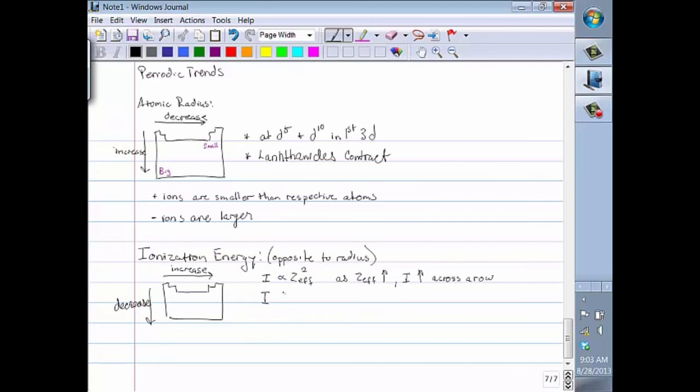This ionization energy is also proportional to 1 over the square of the shell. So as the shell number increases, ionization energy decreases down a column. And ionization energy is also proportional to 1 over the atomic radius. So as the radius increases, ionization energy decreases.